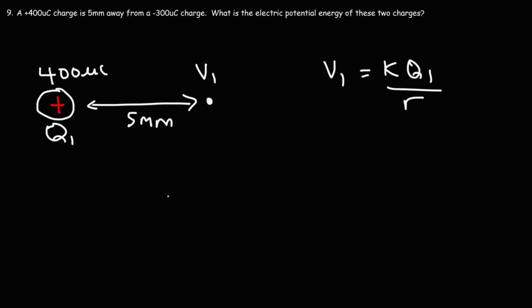Now let's say we were to place the negative charge at this point. How can we calculate the potential energy of that charge given the electric potential that's produced by Q1?